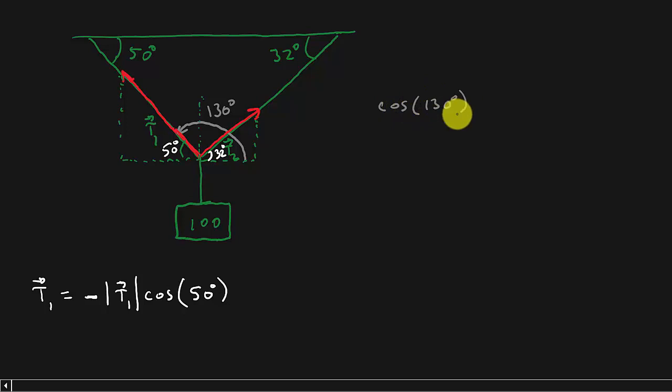But we want to keep it in terms of 50 degrees, because we're going to put everything in terms of 50 degrees and 32 degrees. The cosine of 130 is equal to the cosine of 50 degrees, your reference angle in the first quadrant. But remember, in the second quadrant, cosine is negative. So cosine of 50 is positive, so we have to put a negative to make it equal to cosine of 130. And that's where that negative sign comes from.